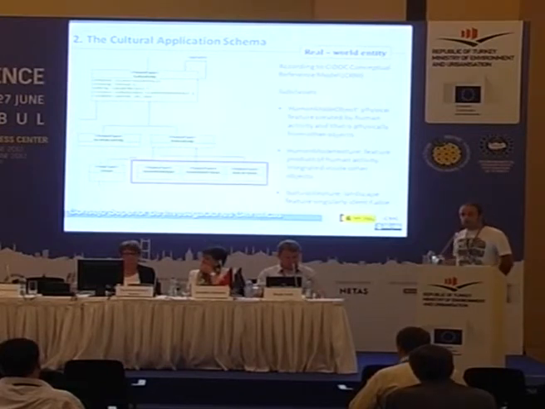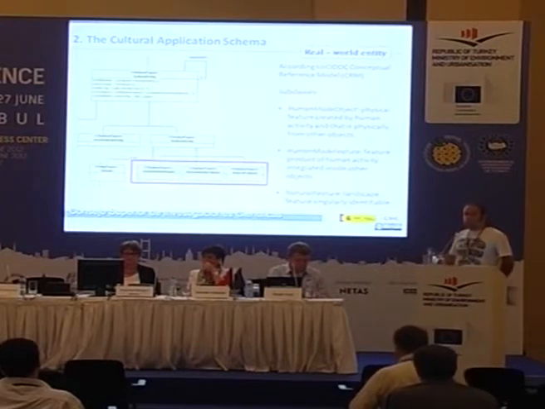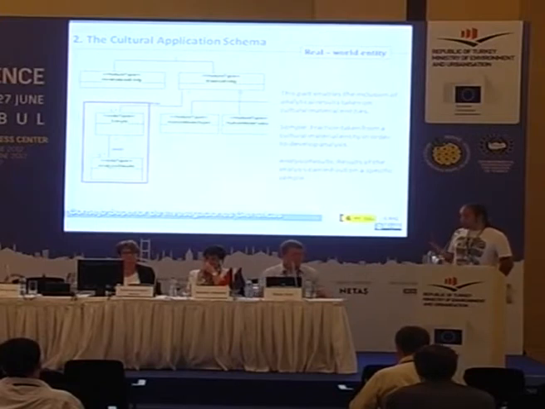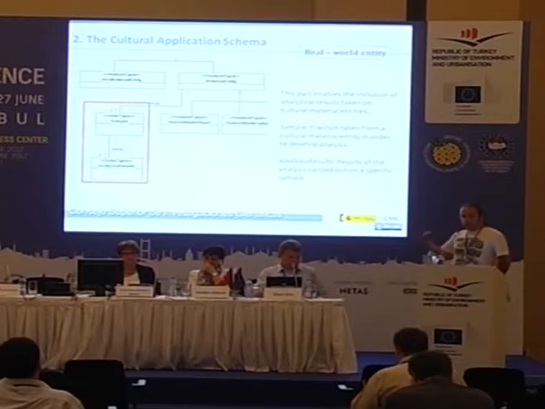Material entities are subdivided according to the CIDOC conceptual reference model too, into human-made objects, human-made features, or natural features. I don't want to extend too much on this. And also, we may have samples on a material entity. For example, we may get a piece of charcoal from an archaeological site and then have an analytical result that could be a radiocarbon date for that piece of charcoal.